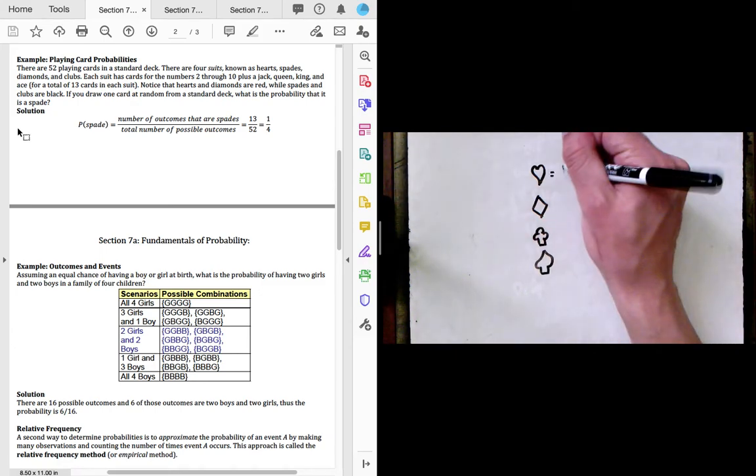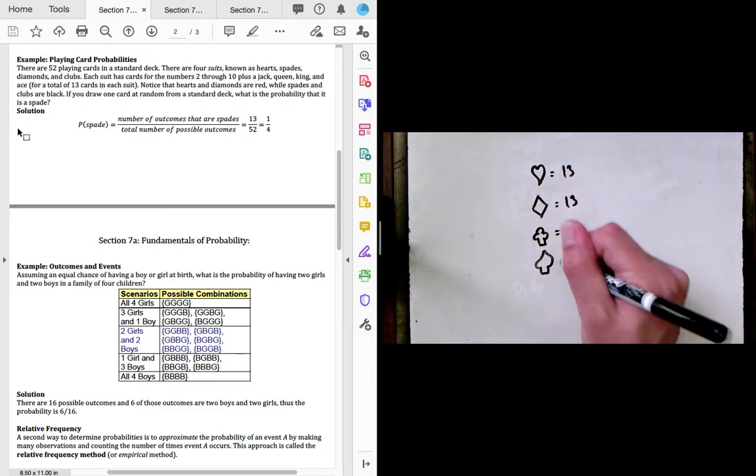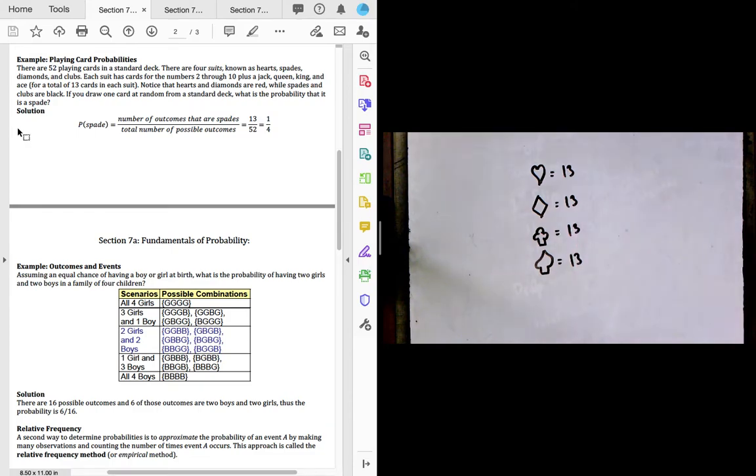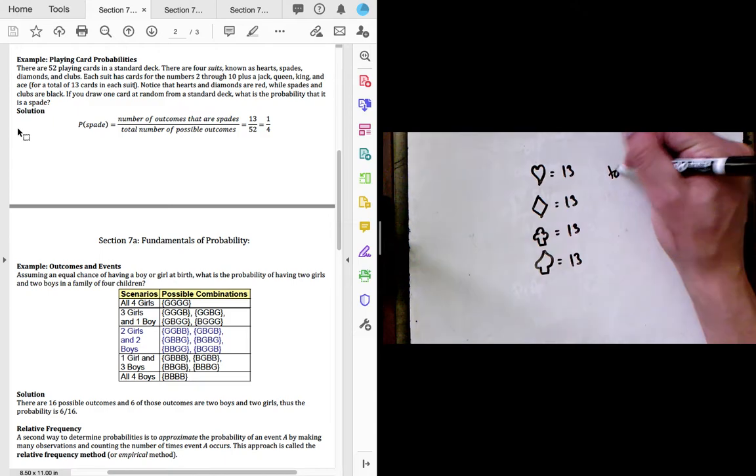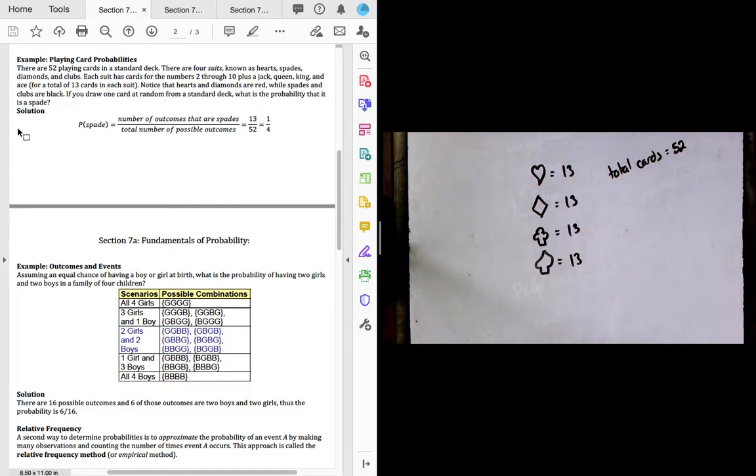Each of these have 13 different cards, 13 different members in the set. Total cards in this problem could be thought of just adding these up, or going back to the original, which told us that there are 52 cards in the deck. This is going to play the role of the denominator.